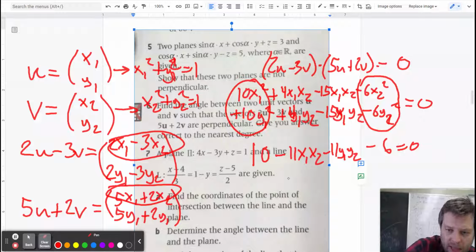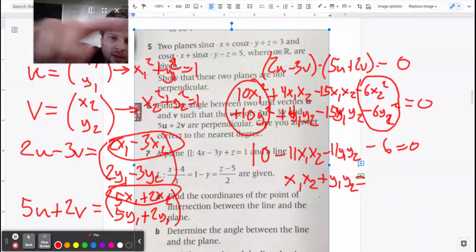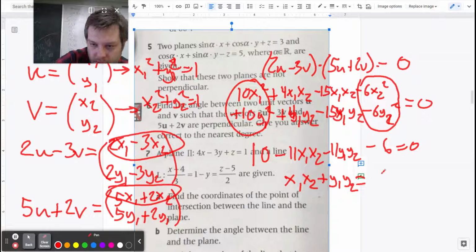So what we can say is that x1 x2 plus y1 y2 is equal to, okay, so 10 minus 6 makes 4, so move the 4 over and then divide by 11.